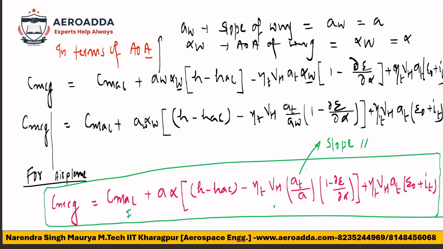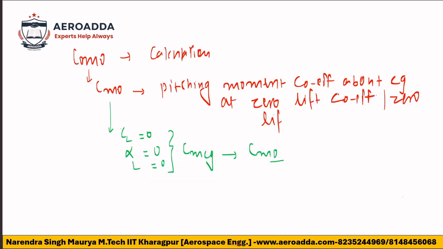This is the first component, this is the second, and this is the third. Third means from here to here, second means from here to here, and this is the first. So check where alpha or CL is there. This is nothing but CL, I told you. Correct? So CL or alpha you get in the second component. In any equation you can check. So only the first and third will remain, right?